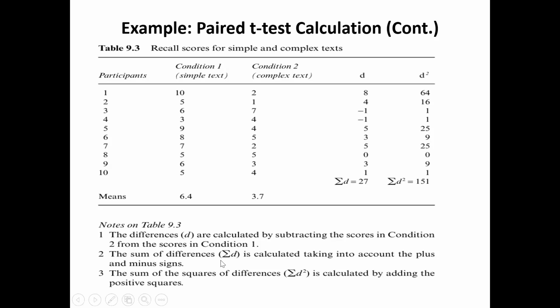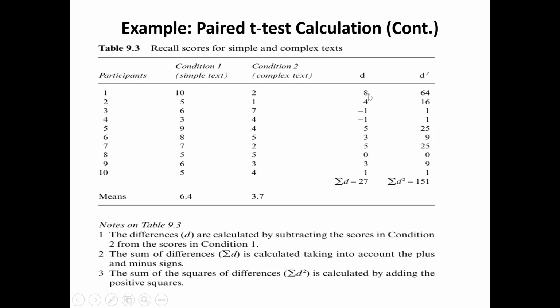Then the sum of the difference, summation D, is calculated taking into account the plus and minus signs. For those who are not too good in mathematics, it's very simple.